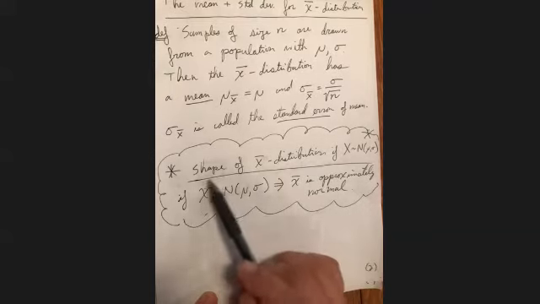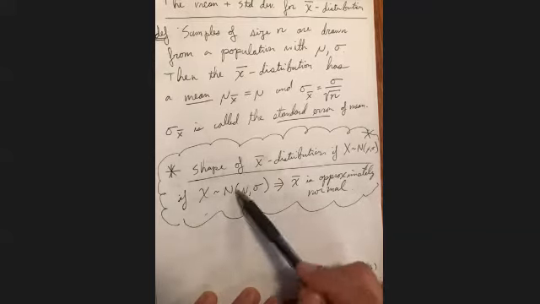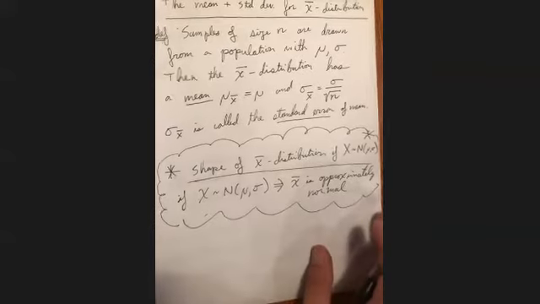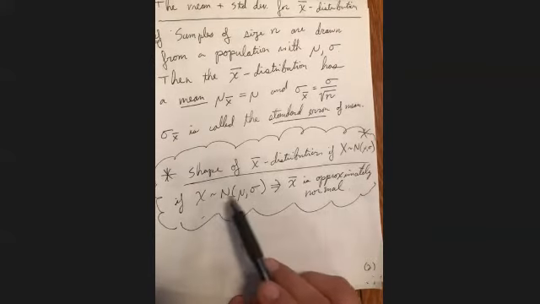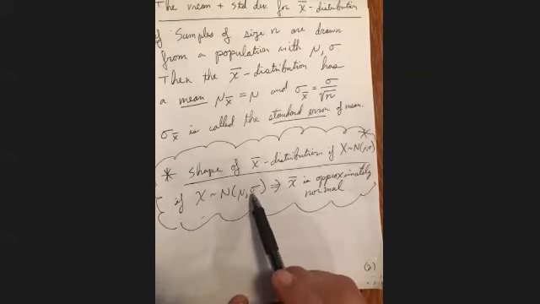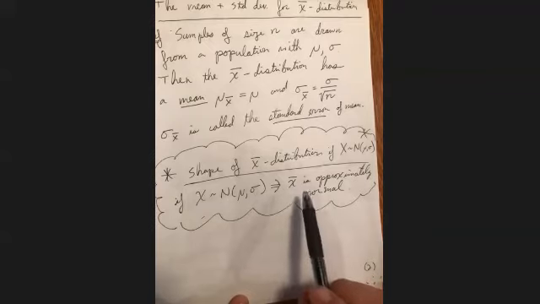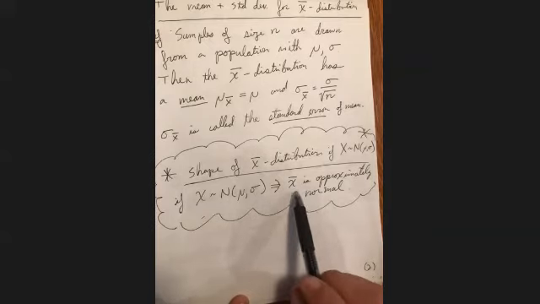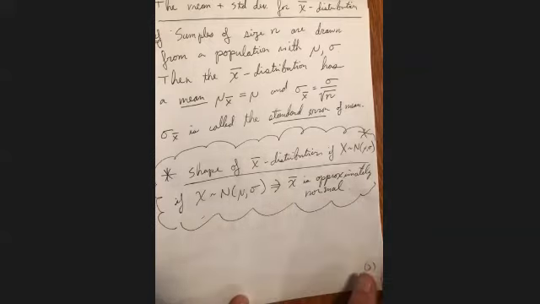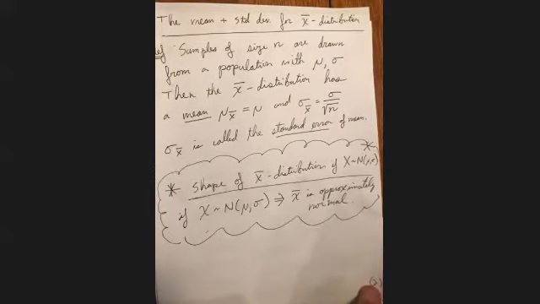So big X means population here. So let me say it one more time. If the population is normally distributed, then we can assume that the distribution of sample means is also normal. This is very useful. Okay, so let's look at an example.